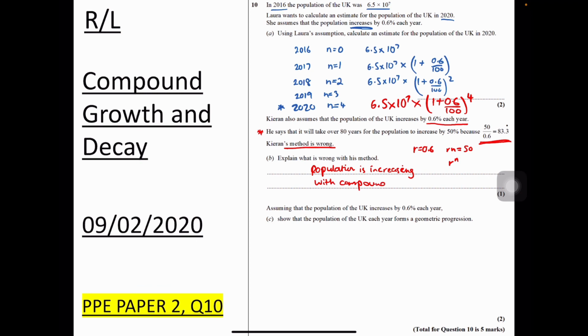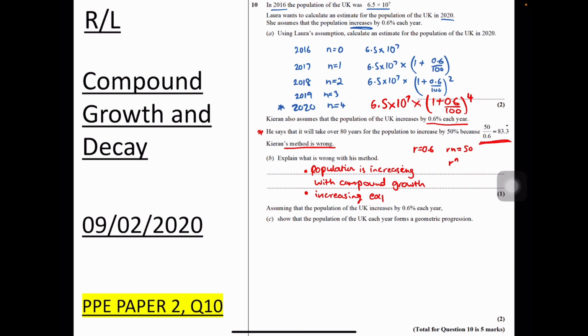As long as you mention compound growth, or that the population is increasing exponentially, you don't need to mention both, but these things would give you the mark on that question.